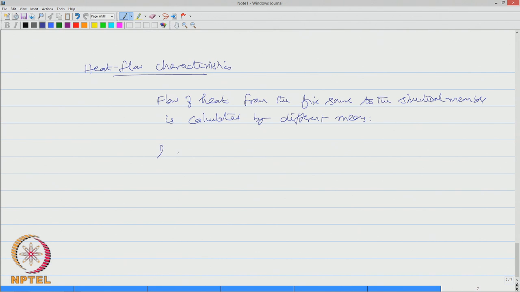One, it can be as radiation, it can be convection, and it can be conduction.